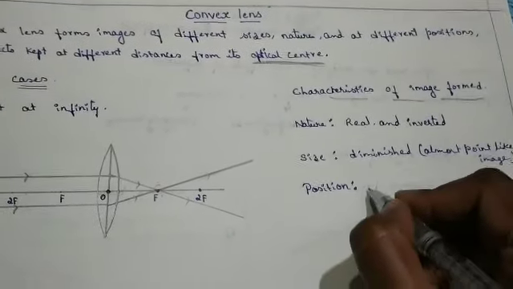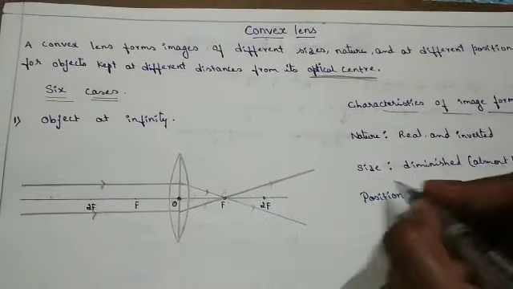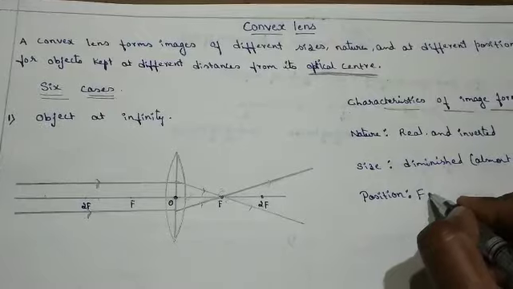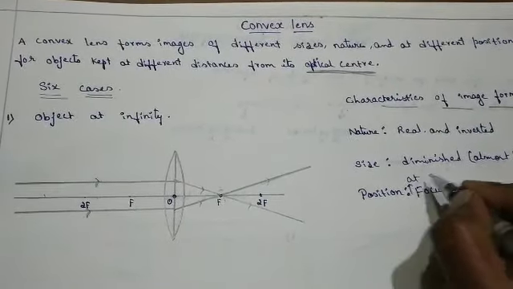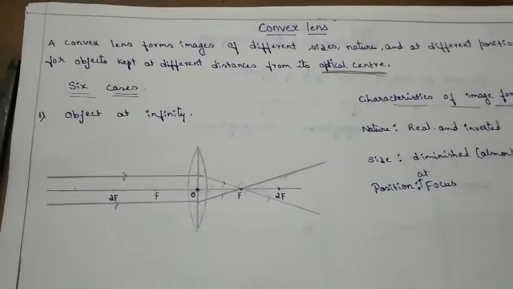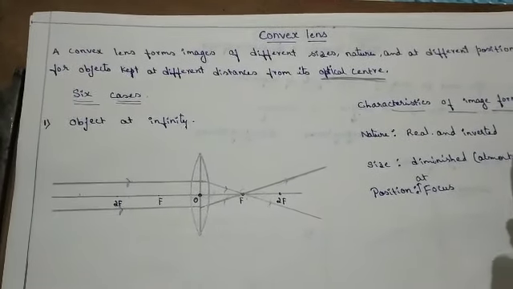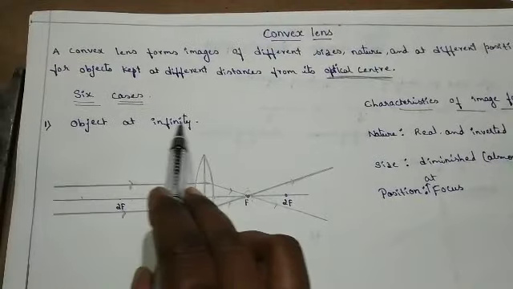And position, we got the image at focus, so you can write at focus. So these are the characteristics of the image formed when the object is at infinity.